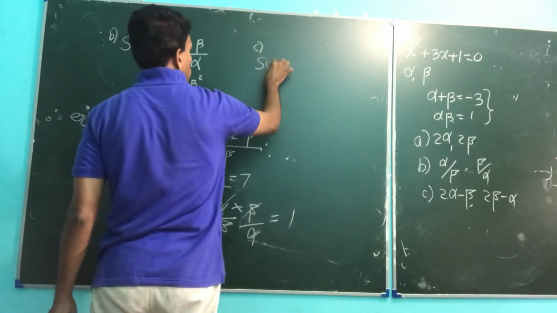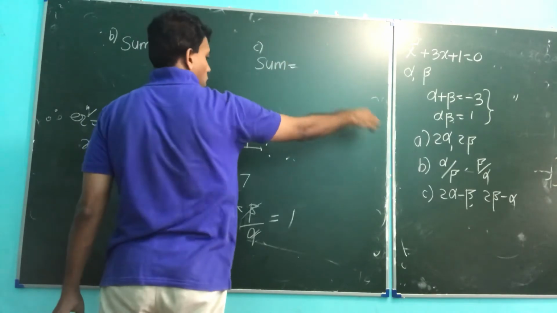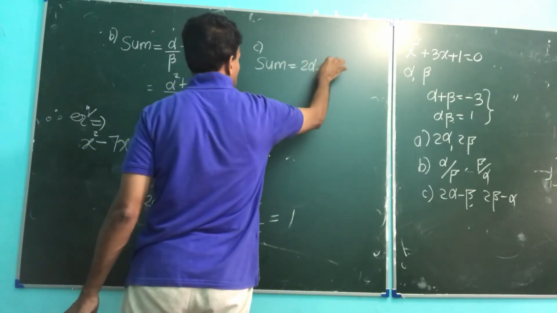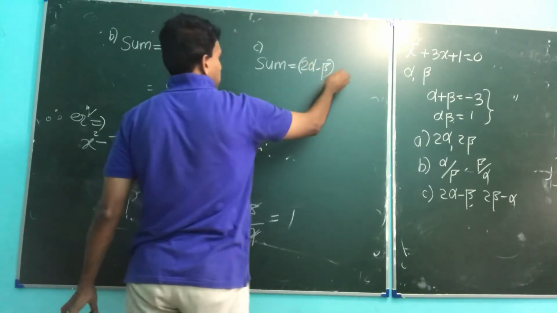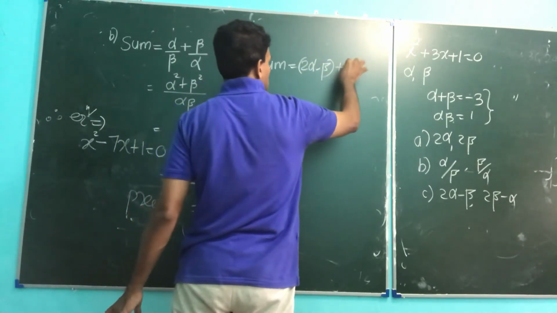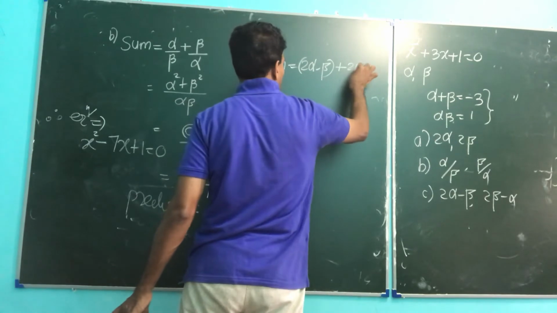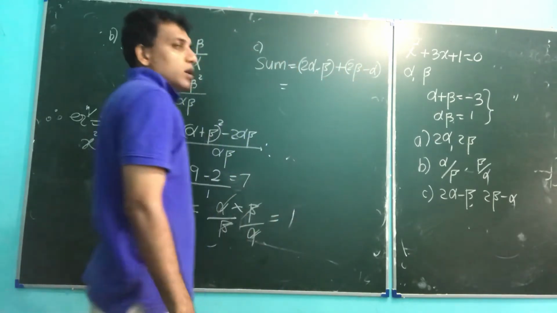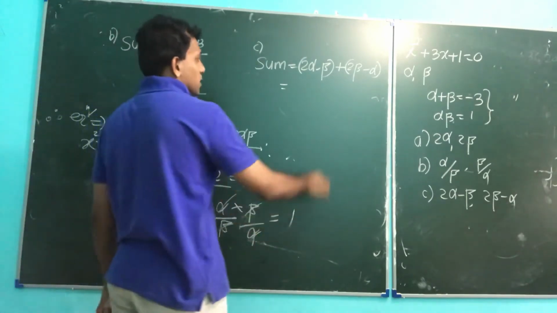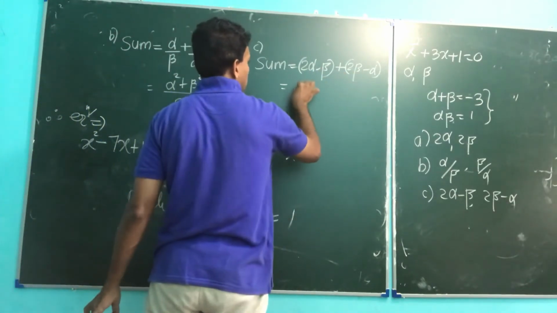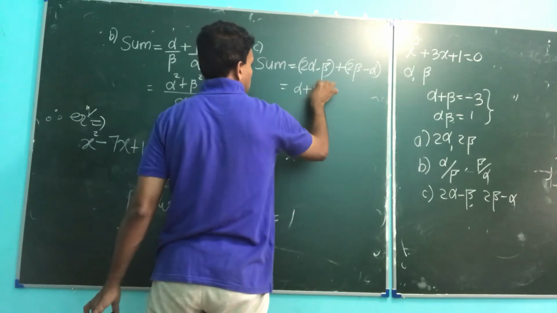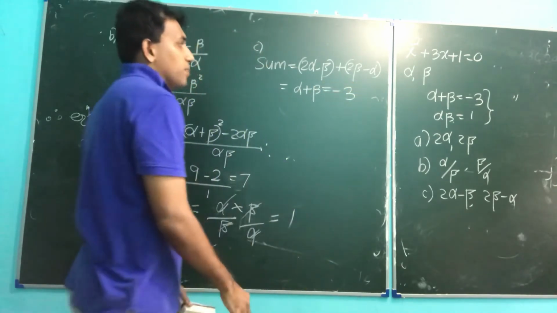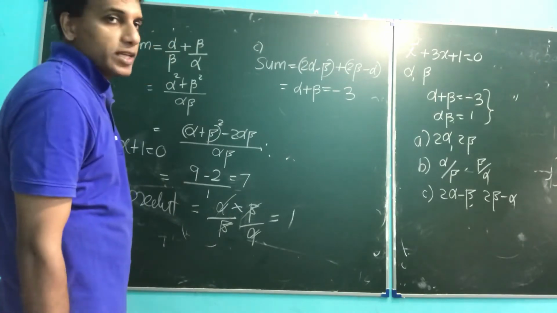Sum of the roots: one root is 2 alpha minus beta and the other root is 2 beta minus alpha, right? Summation: take 1 alpha and 1 beta completely. Alpha plus beta is minus 3.